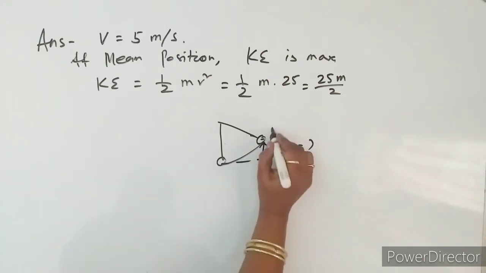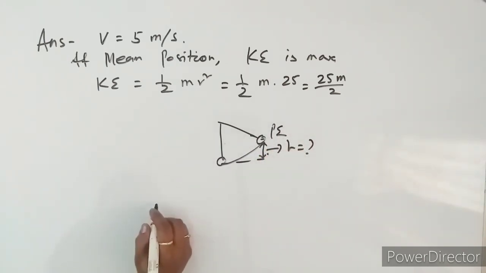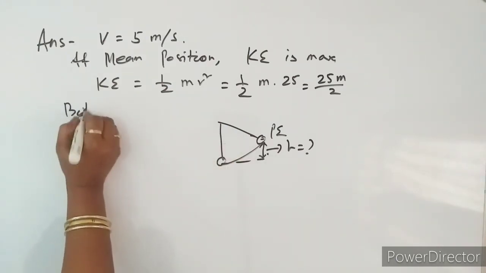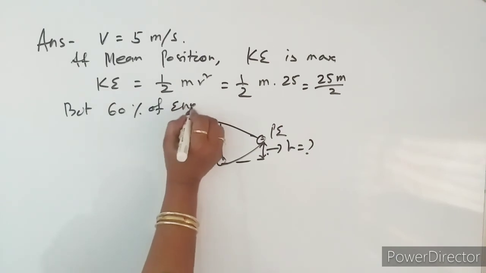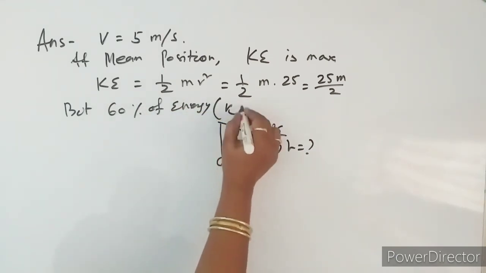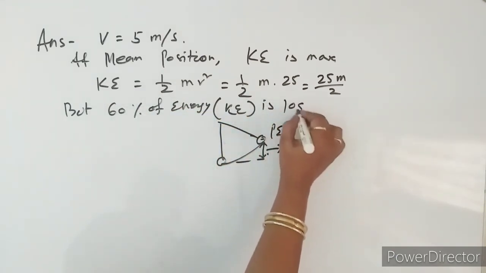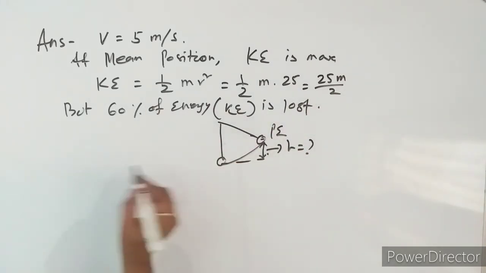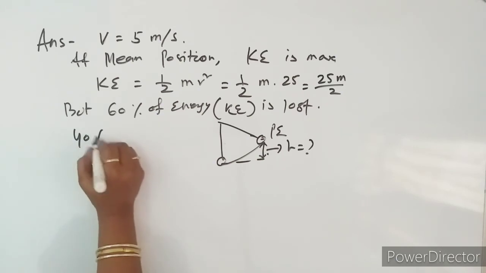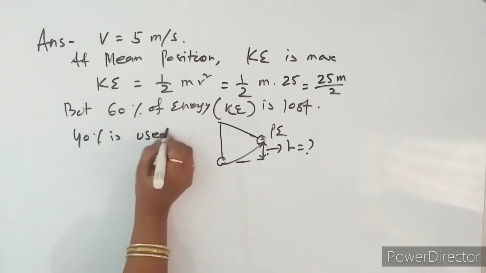So at this position, it has the maximum potential energy, but 60% of the energy is lost. Which energy? 60% of kinetic energy is lost in overcoming the air resistance. So what is left? 40% is used only.